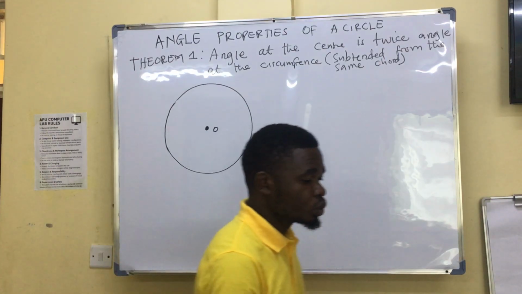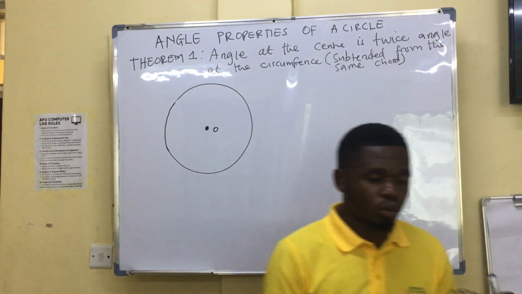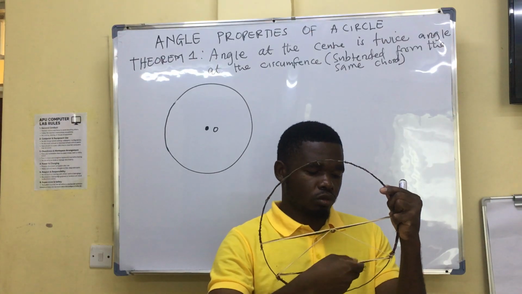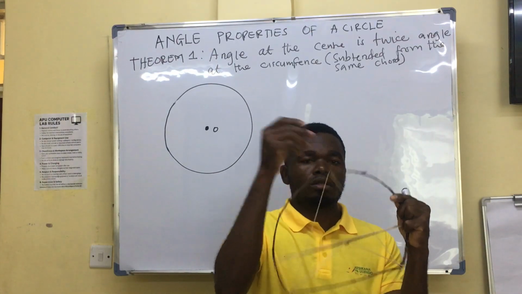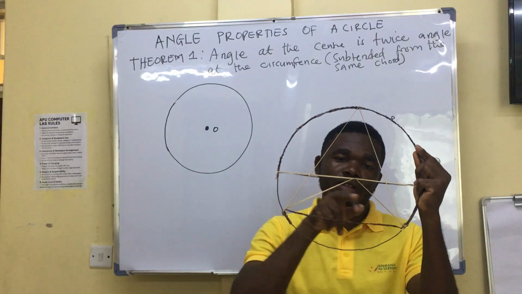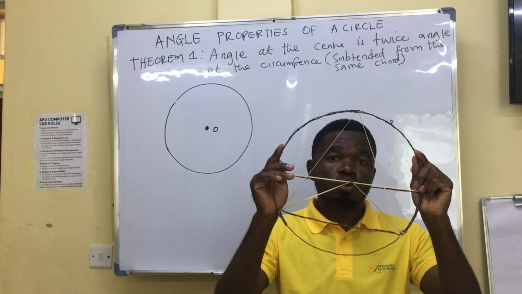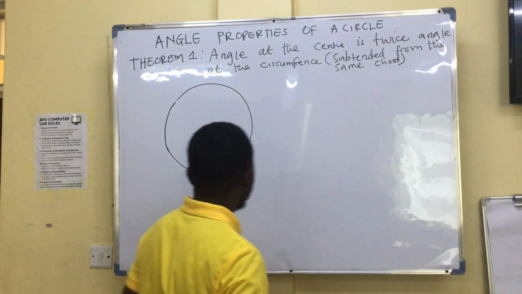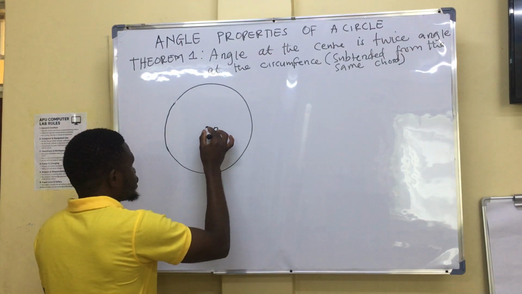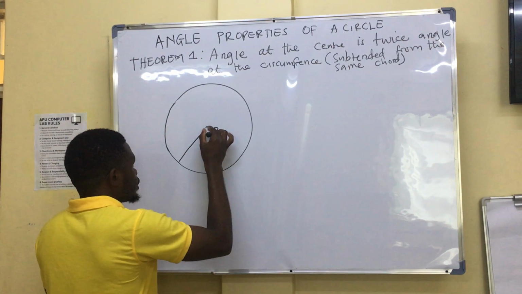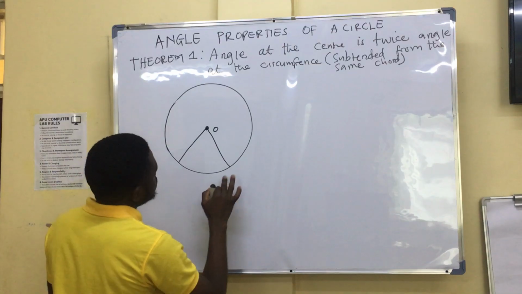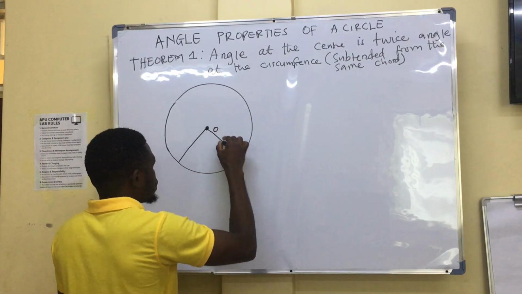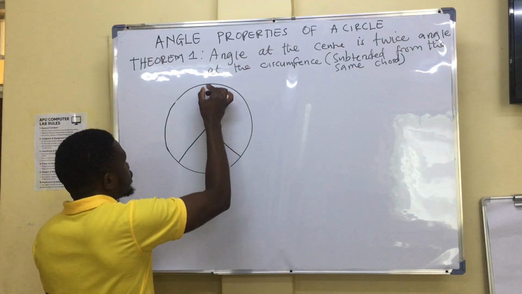I want to draw something which will look exactly like this one. We should prove that the angle at the center is twice the angle at the circumference. So let's have a radius here, here as well, better here.